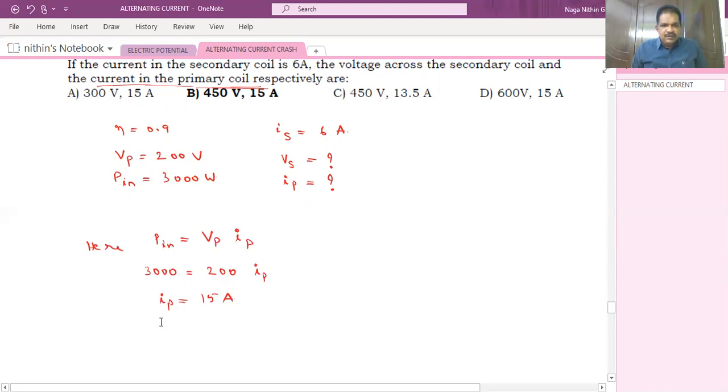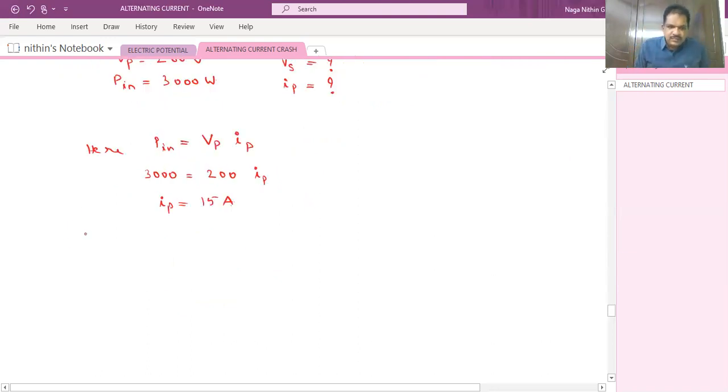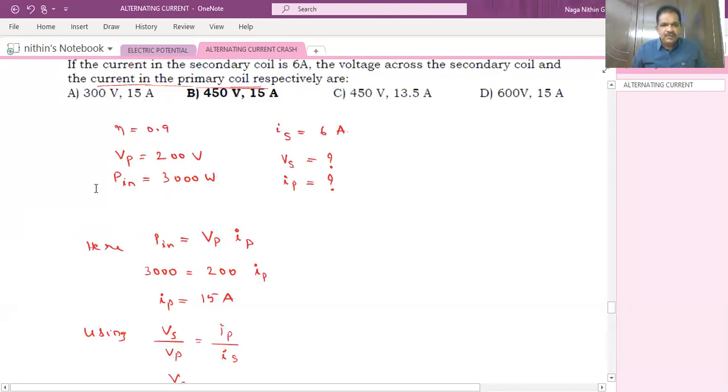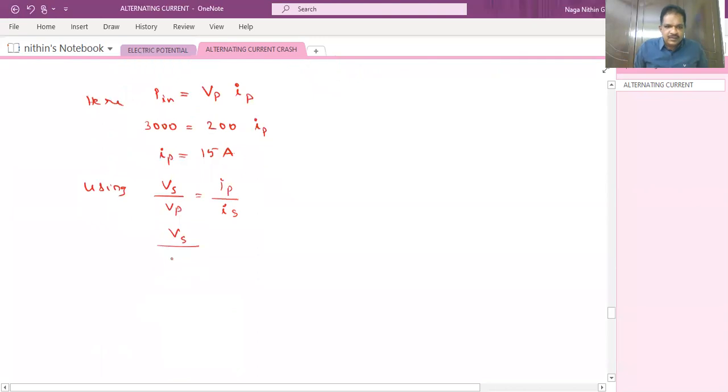And one more thing they are asking, voltage across the secondary, Vs is how much? Vp, Ip, we calculated. Is, we know. So using Vs by Vp is equal to Ip by Is. Vp value, they gave it as 200.